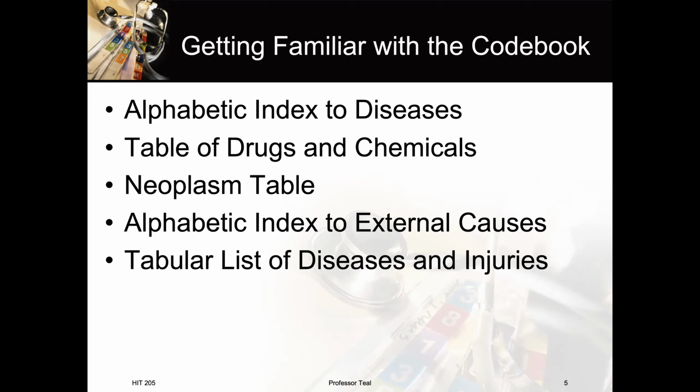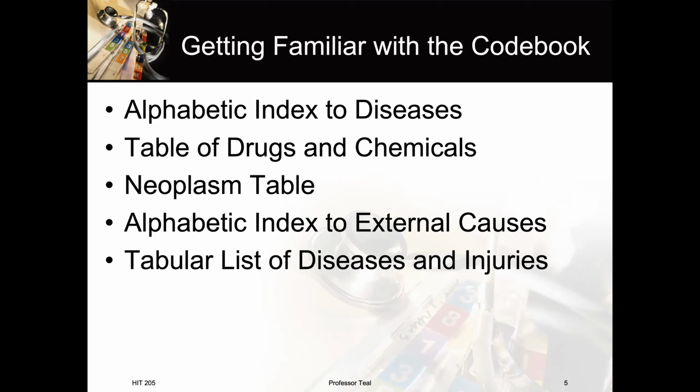While many organizations utilize electronic encoder products, it's still important that you're familiar with the book and know how to use it. Also note that you will not have access to an encoder product if you're taking any of the coding certification exams.